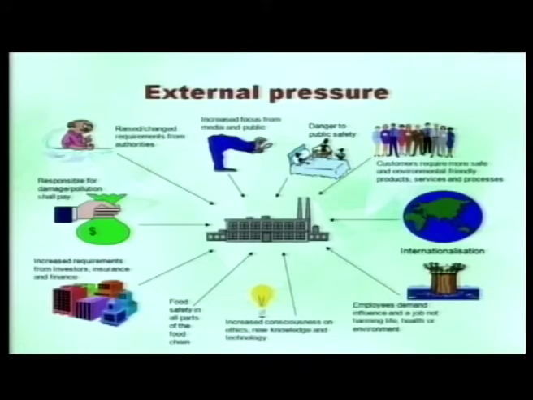This is a brief overview of the external pressure, which can come from various sources. The prime one is the requirements of the authority, because you have to follow the law of the land. There is an increased focus from the media and public, because the public has become more aware, and one news item is flashed from morning to evening.